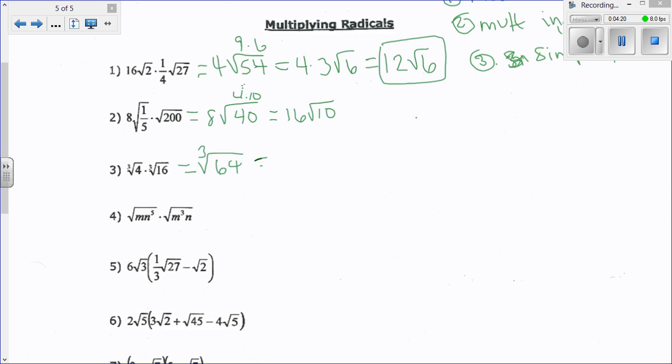And 64 was on my list of perfect cubes, and the cube root of 64 is 4. So that is my final answer.